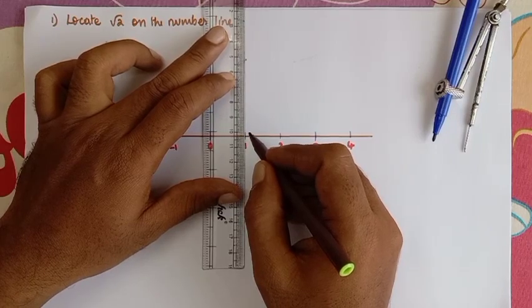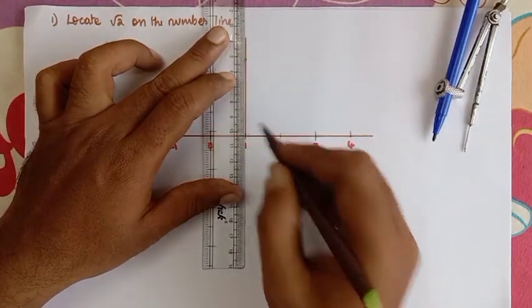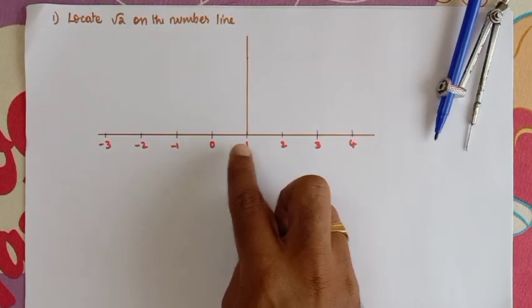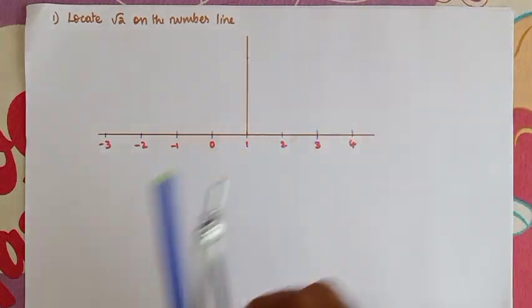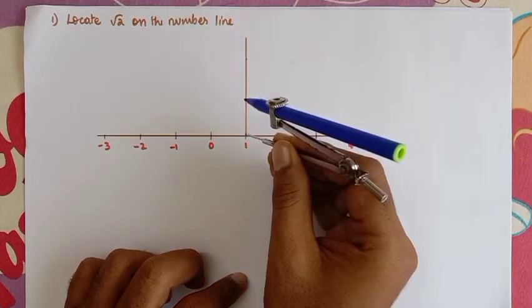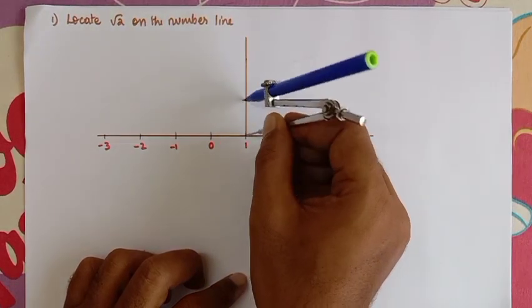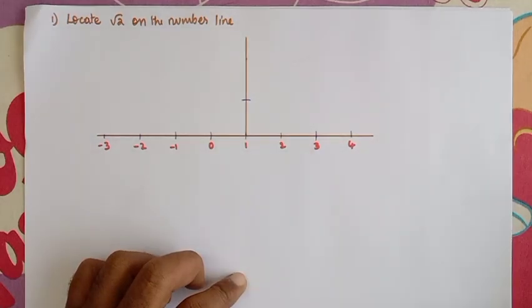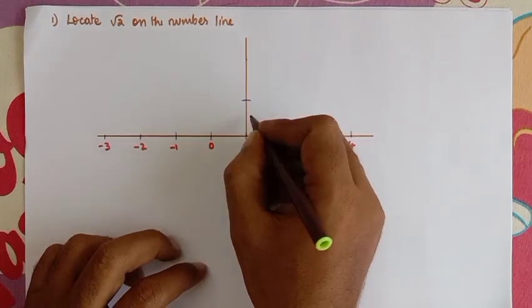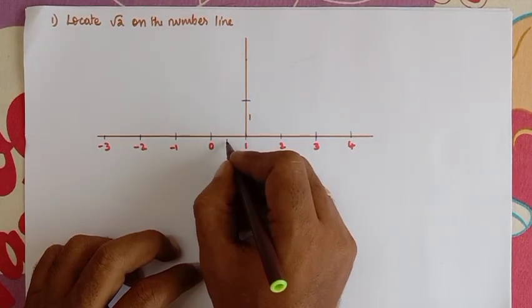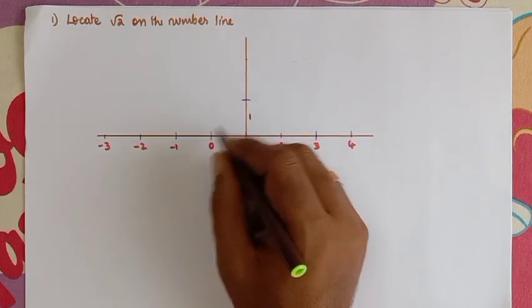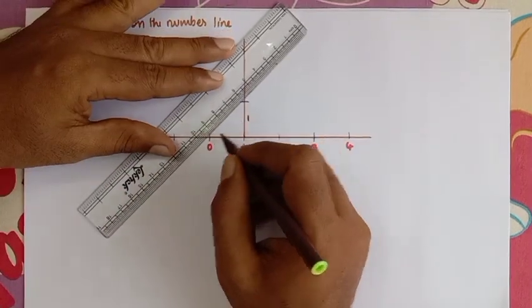I have joined these 2 points, and from here to here the distance was 1 unit. I have kept the compass setting as it is, and I will mark here 1. From here to here it was 1 unit. And then afterwards I will join 0 and this point.